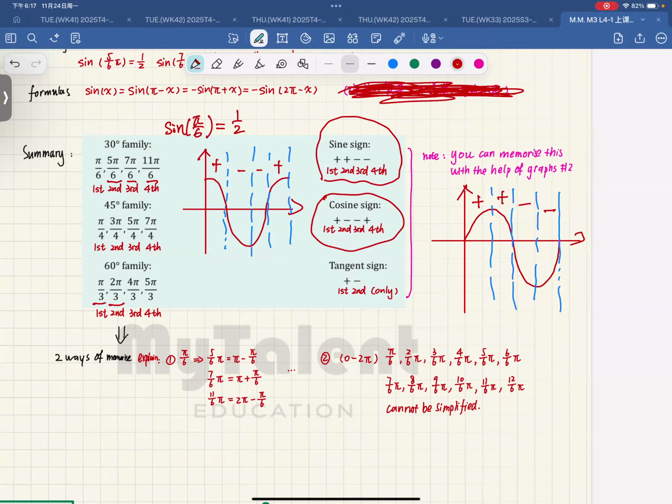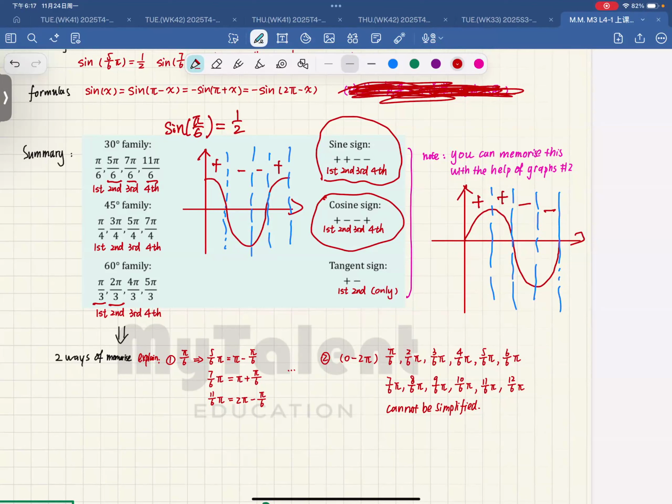Let's say 4 pi over 3, which is bigger than pi, is somewhere here, and 5 pi over 3 is somewhere here.